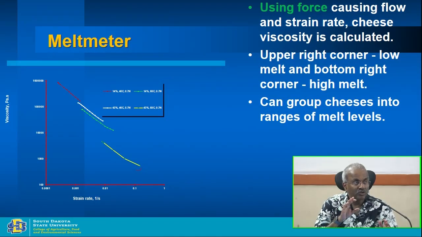We are looking at two different applications, because for pizza we want a higher softening point or higher melting. On the other hand, if the consumer says I don't want a higher melt, I want a lower melt, that's my preference, then accordingly you can select the cheese.